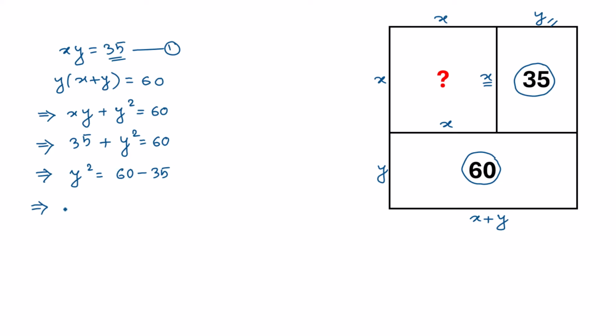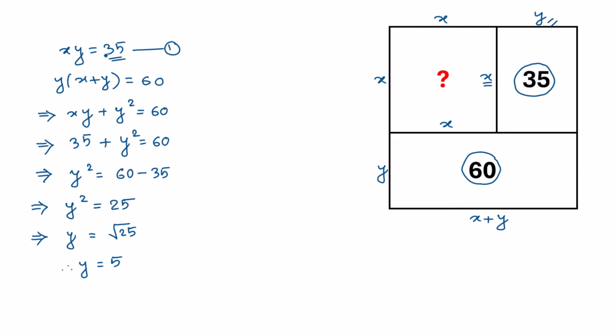Or on the left side, y square is equal to 60 minus 35, this is 25. Or taking a square root on both sides, we will have y is equal to the square root of 25. So the value of y is equal to the square root of 25, this is 5.